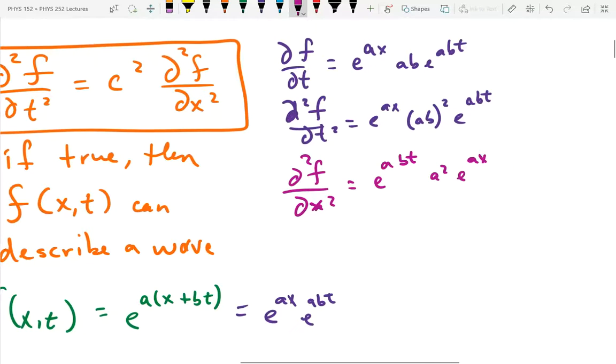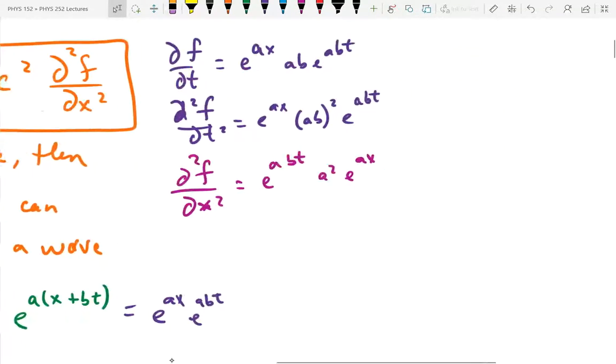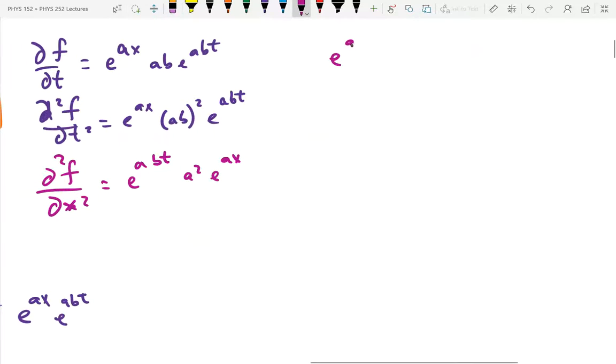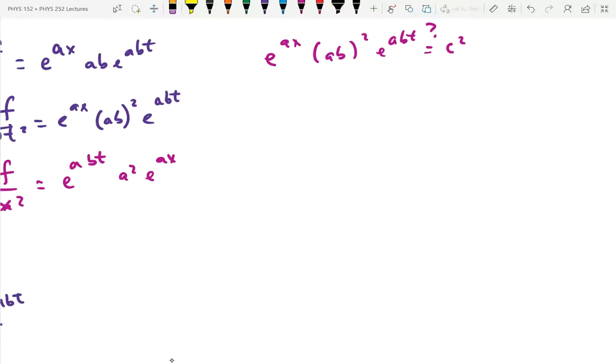and so to check those, I would simply put them in and say is, well, let's put it in the same order. Is that true?